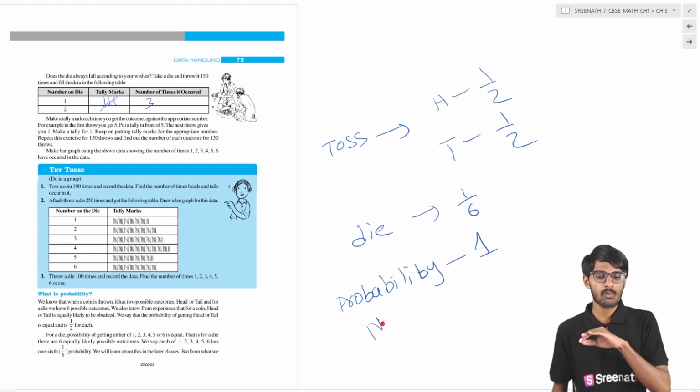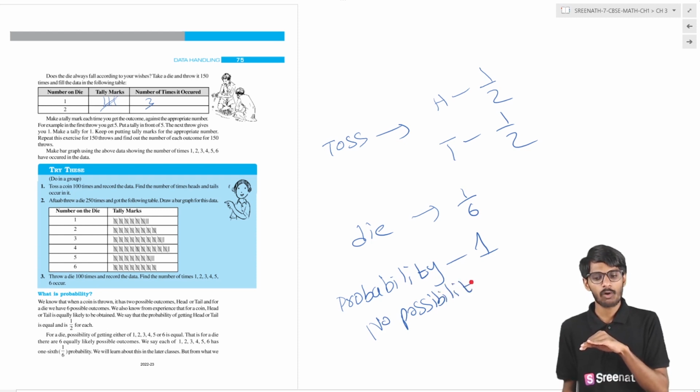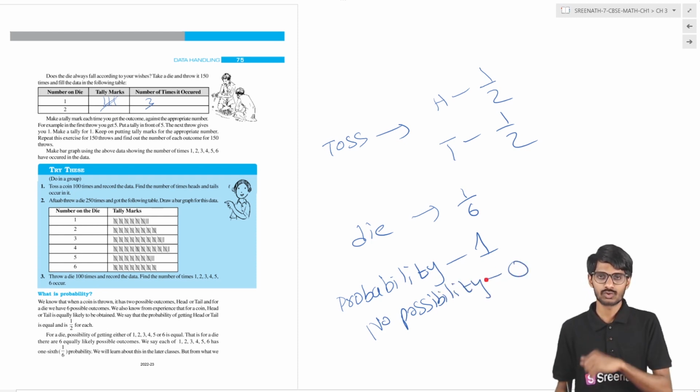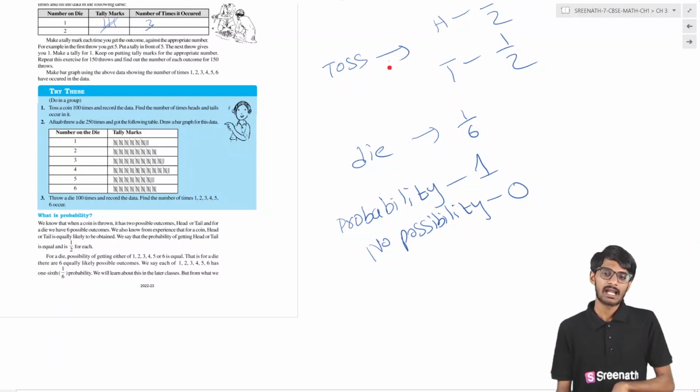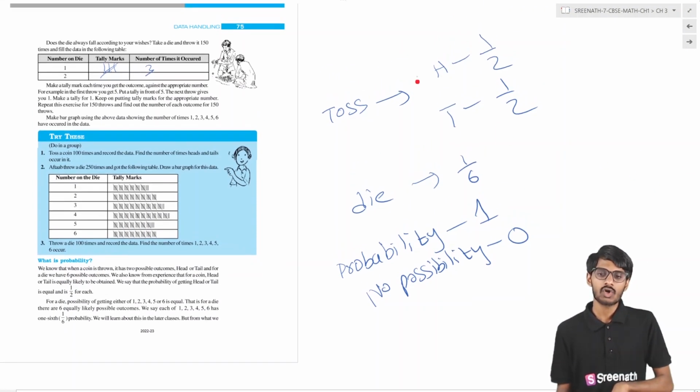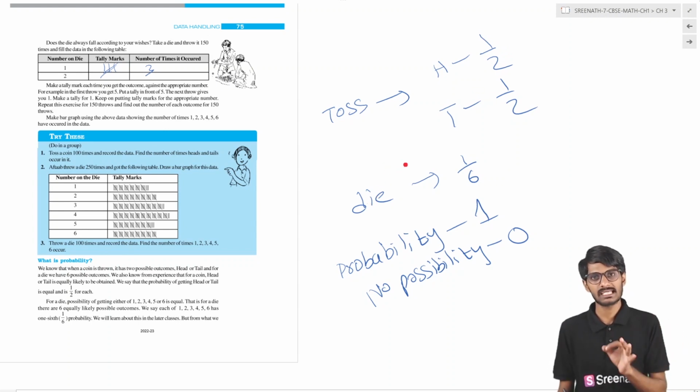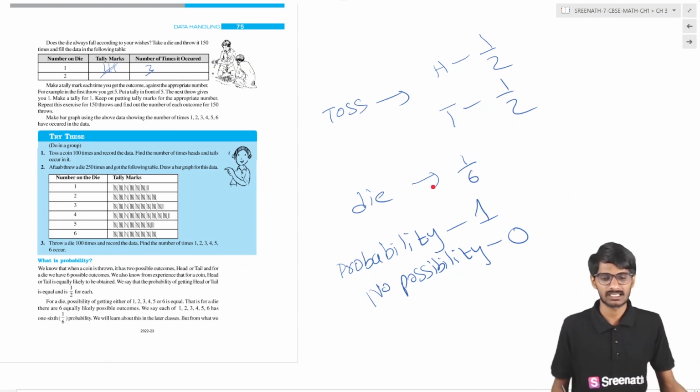If there is no possibility, no probability, then the value is 0, students. In the case of the toss, head and tail have equal probability, that's why it is 1/2. In the case of the die, each face has equal probability, that is 1/6, students.